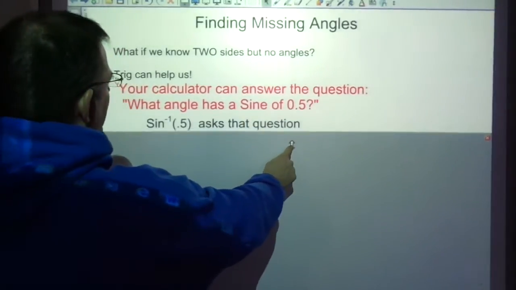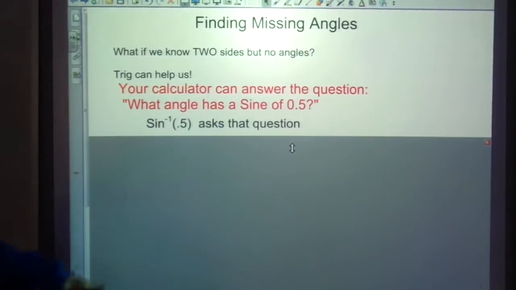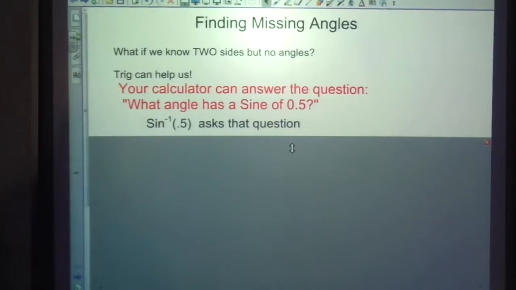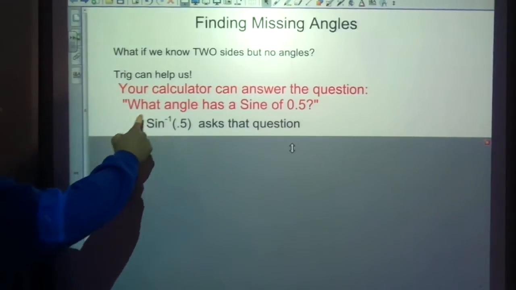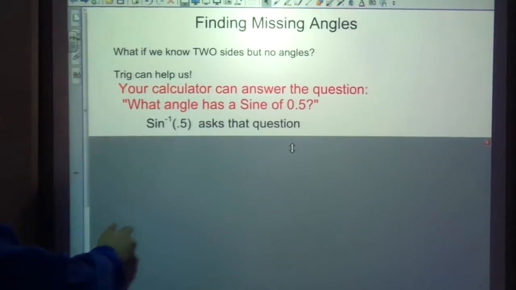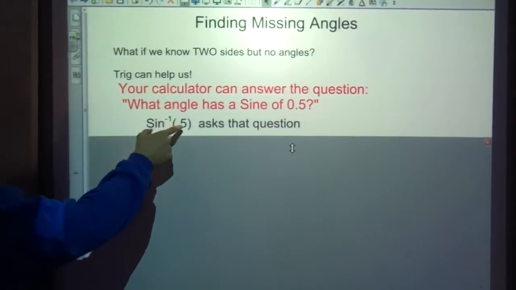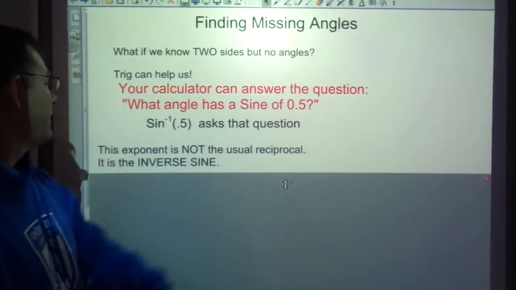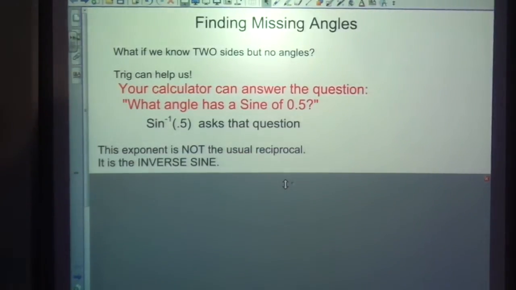What you'll see on the calculator is this. It looks like sine to the -1 power, but really this is not a negative exponent. This just means the inverse sine of 0.5, and if you see this, it means what angle has a sine of 0.5. It's called the inverse sine. This exponent is not the usual reciprocal.